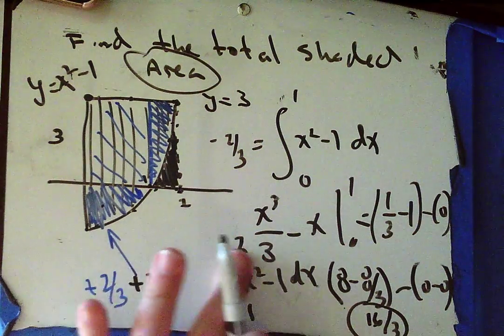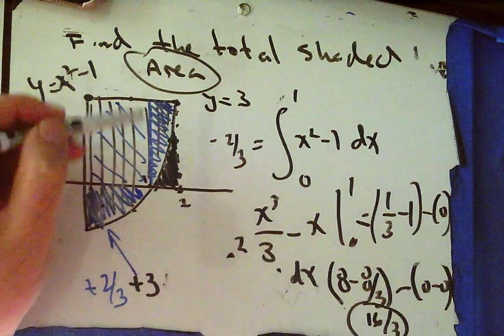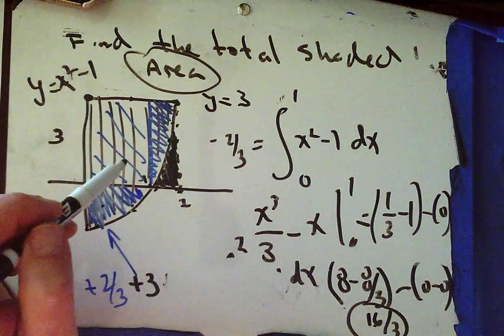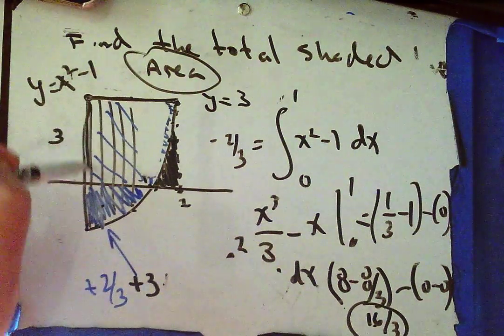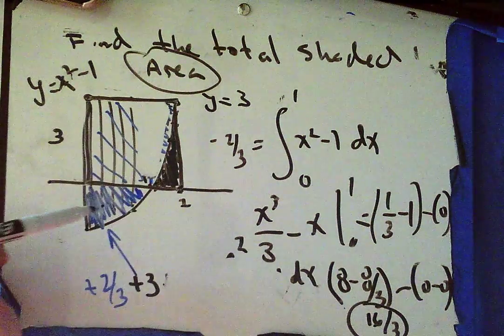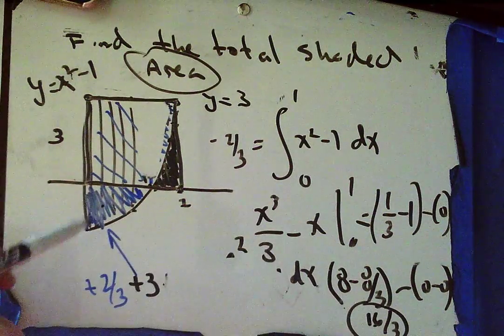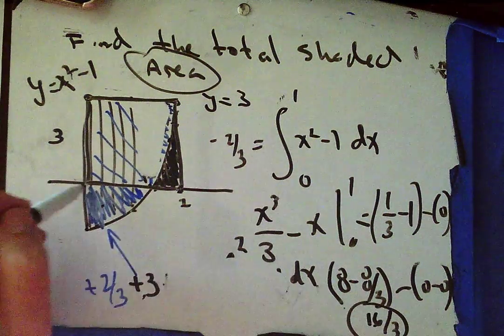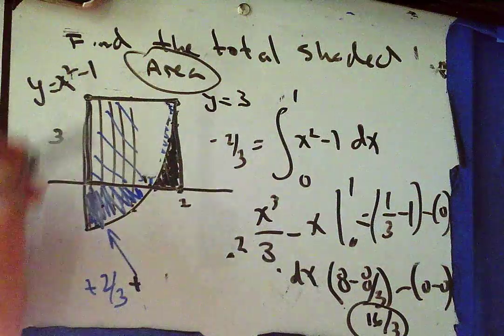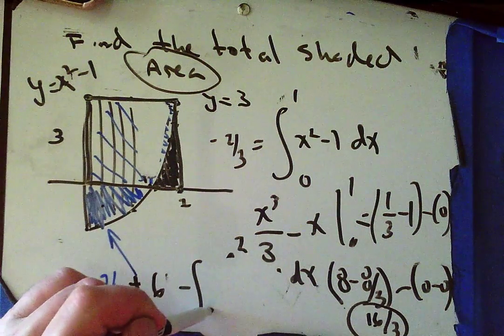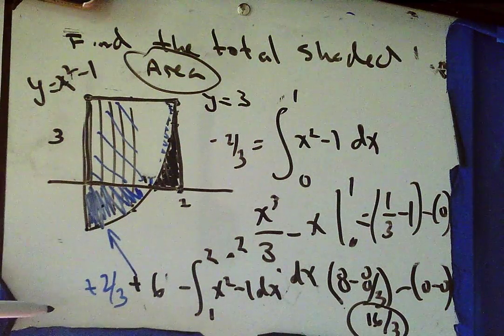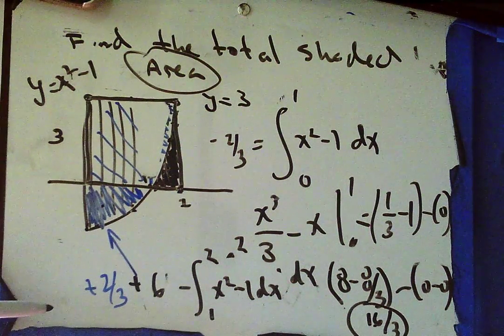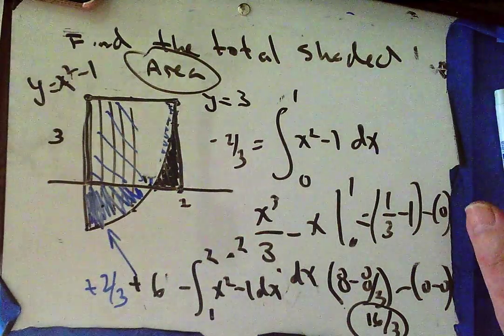I mean, granted, instead of doing it as this rectangle minus this integral, I have seen a number of students prefer to do this rectangle minus this integral. So there's the rectangle. No, because now we're going over 2. This is 2 by 3 or 6, and we want to subtract the integral from 1 to 2 of x squared minus 1 dx. Oh my God, you've split this into so many pieces. Why can't you just do top minus bottom? Please do top minus bottom, okay?